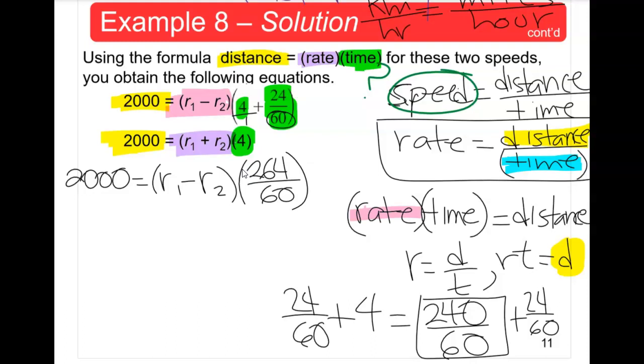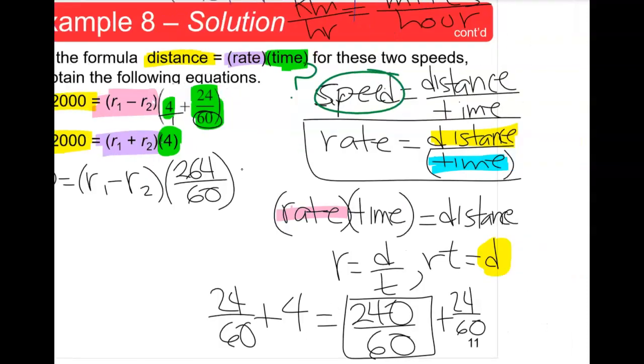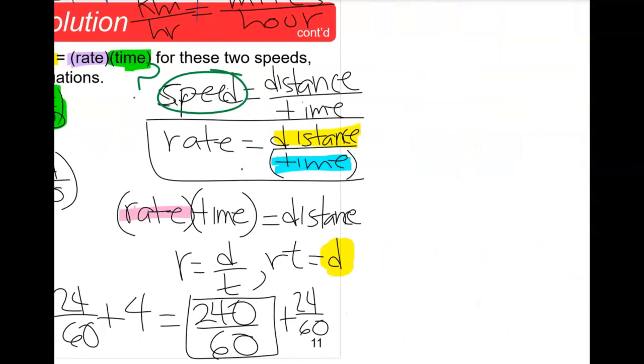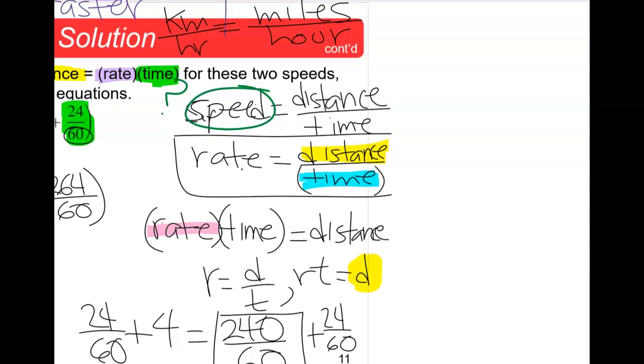And of course, we could reduce the fraction. 264 over 60. And so we could divide by 2. We could divide by 4. Yes, we could divide by 4.